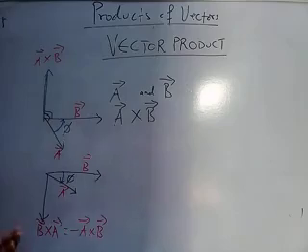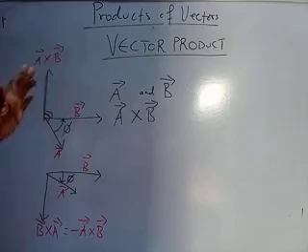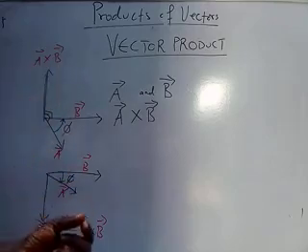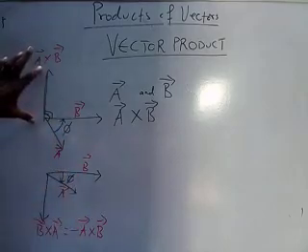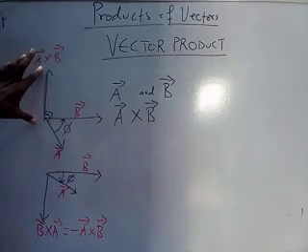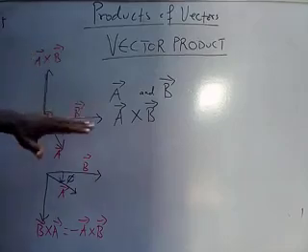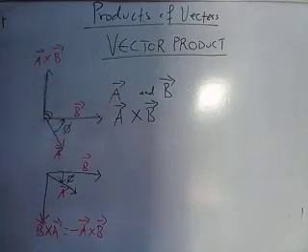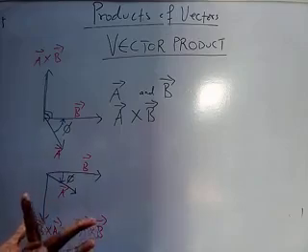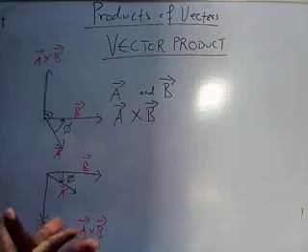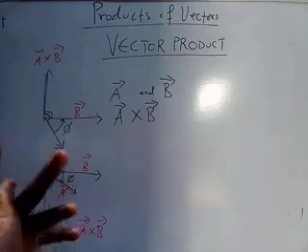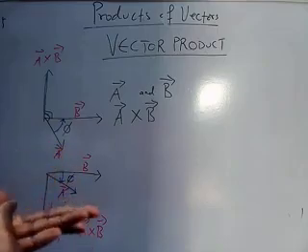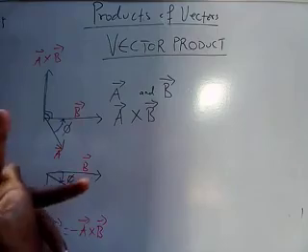So the two vectors lie in the plane, as you can see. We define the vector product to be a vector quantity with a direction perpendicular to this plane. Let's assume this is on a plane. Something like this, going up. This one is on a horizontal plane, while this one is vertical upwards.